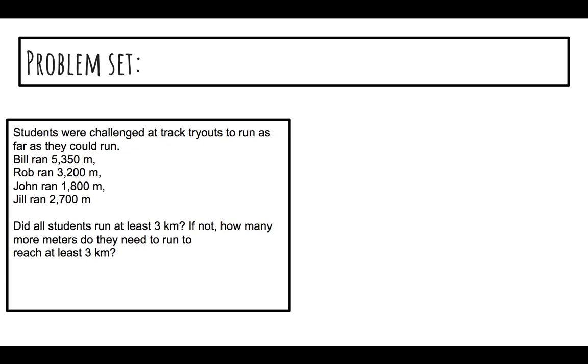Right away I noticed when I was reading that all the tryout runs were in meters. Then the problem is asking me to find out if they ran at least 3 kilometers. So now I am noticing there are two different units, meters and kilometers.